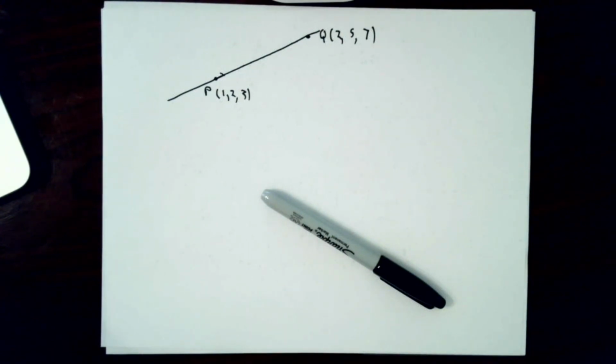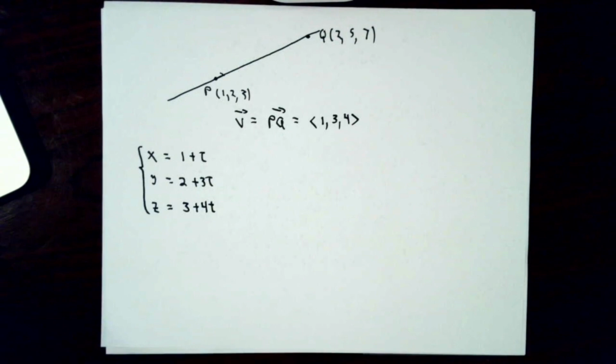Just as in college algebra, I've got to cook up something that tells me the direction of the straight line. Doing the usual Q minus P, I find that a vector that is parallel to the direction of the line is [1, 3, 4].